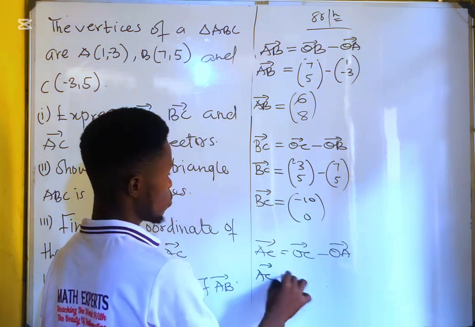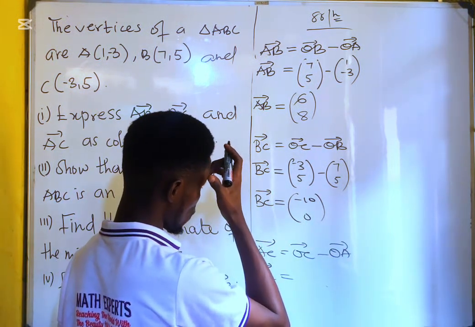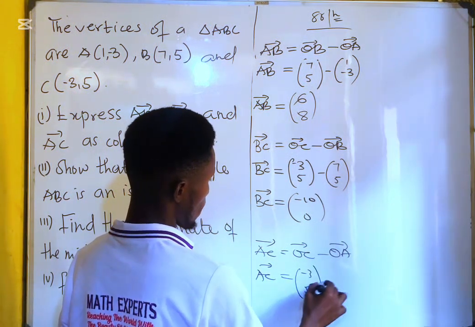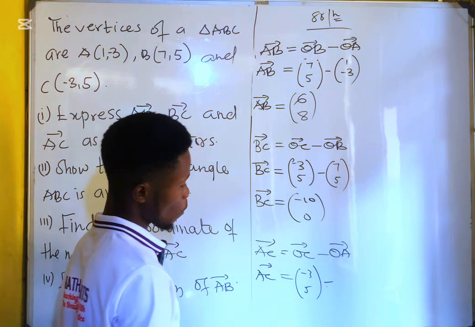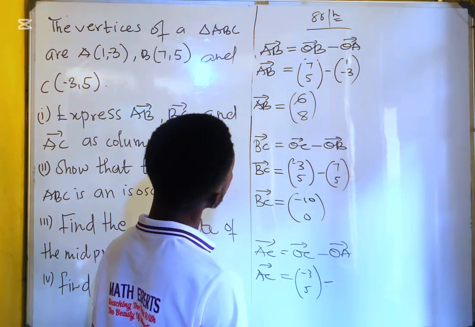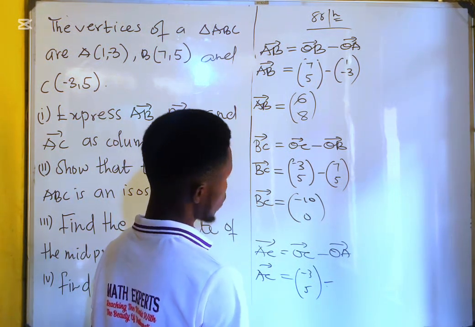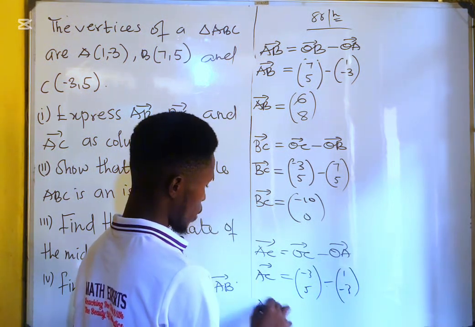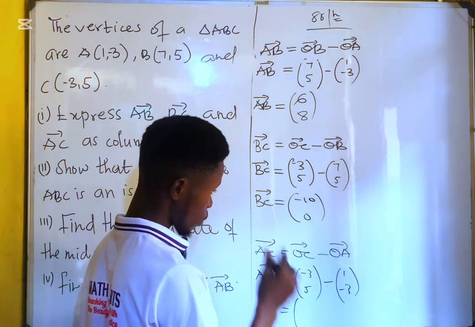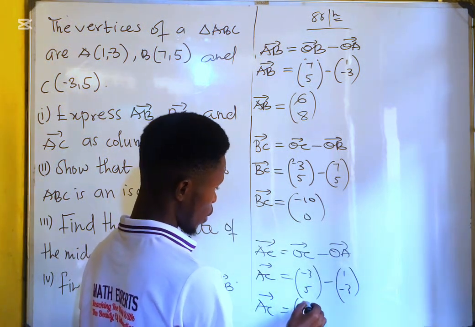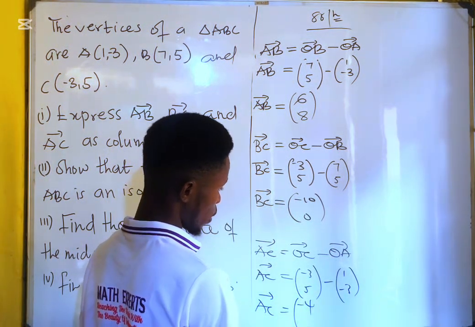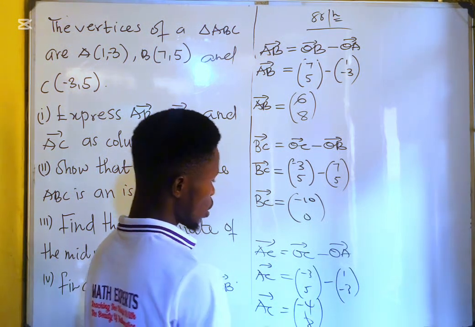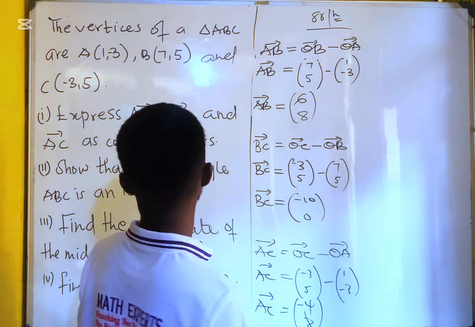So AC will be equal to OC, which is (-3, 5), minus OA, which is (1, -3). So our final answer here becomes -3 minus 1 is -4. 5 minus negative 3 gives us 8. This will be positive, okay? So 3 plus 5 is 8. We have (-4, 8). So that is for part I.